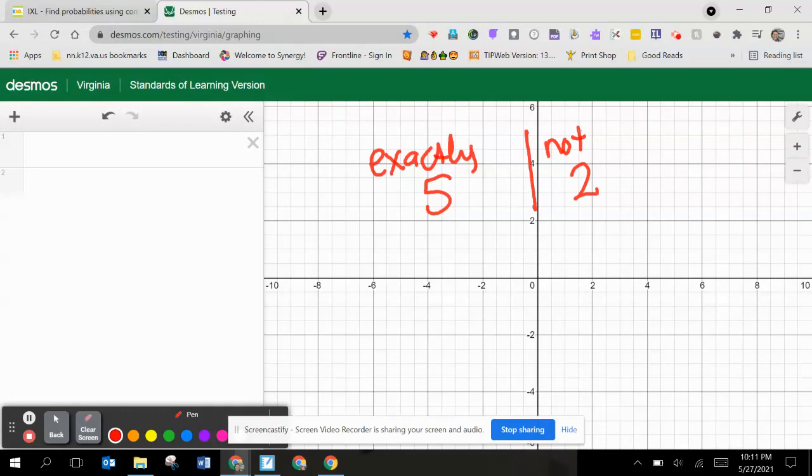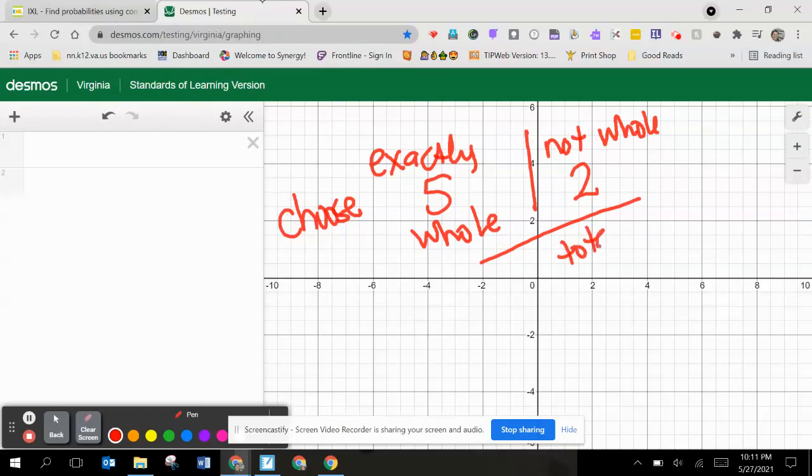Okay? We are choosing 7 total. So those are our choosing. We want 5 of them to be whole milk. We want 2 that are not whole milk for a total of 7 that we need to choose from.